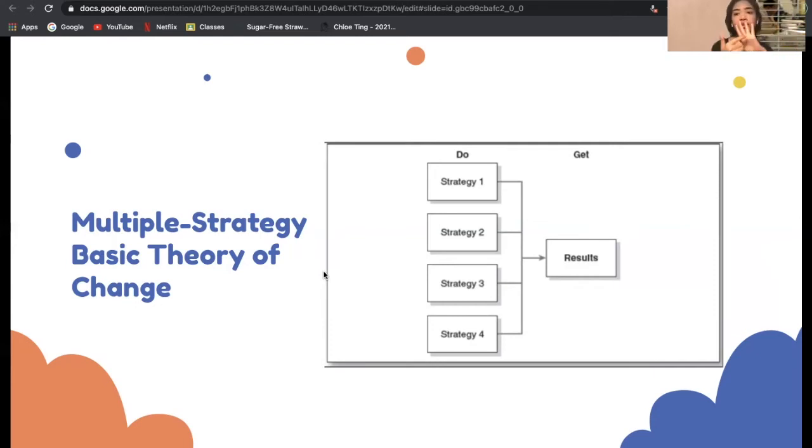So these different strategies will get you the result that you want. However, if you only do one strategy, maybe time management, but you don't study, or you get distracted, the results will not be as good as when you have these different strategies memorized or planned.